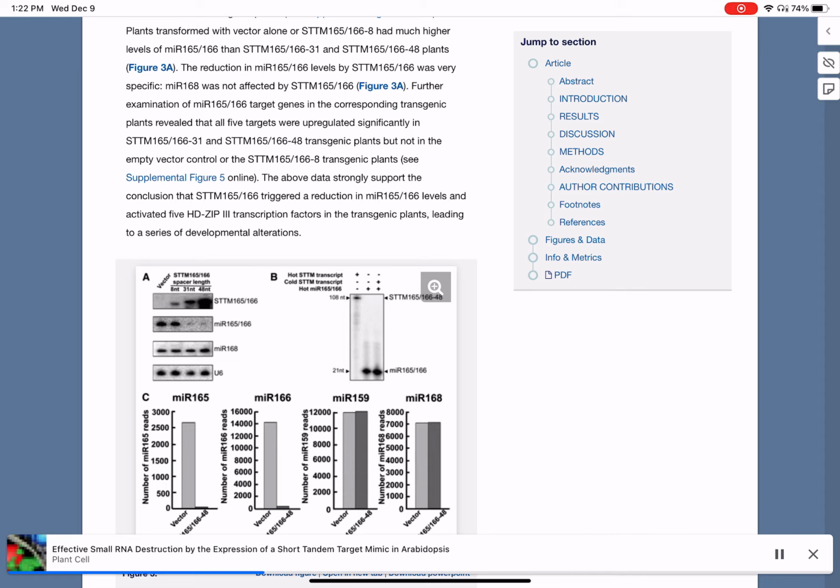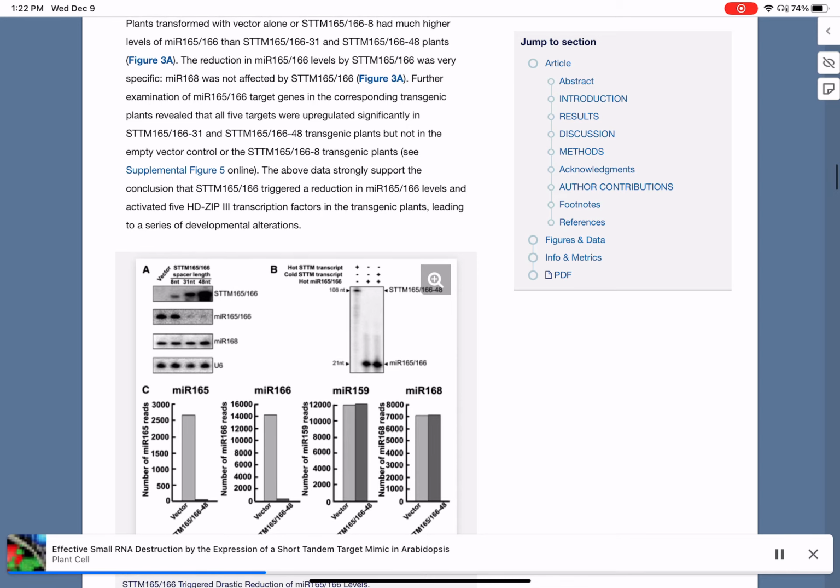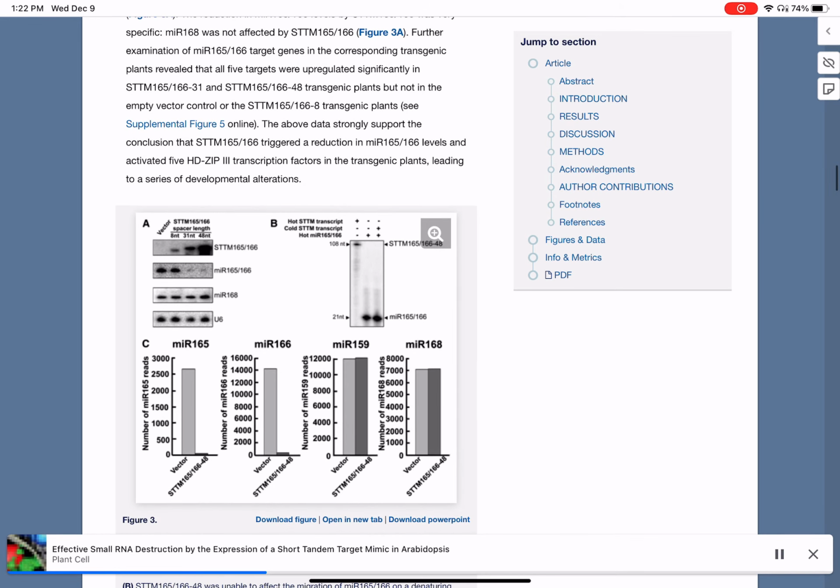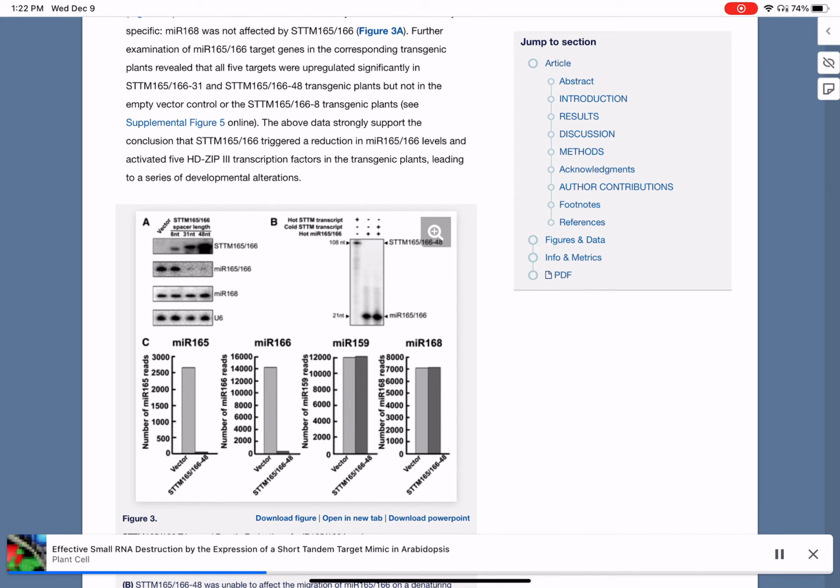Further examination of miR-165-166 target genes in the corresponding transgenic plants revealed that all 5 targets were upregulated significantly in STTM-165-166-31 and STTM-165-166-48 transgenic plants, but not in the empty vector control or the STTM-165-166-8 transgenic plants.